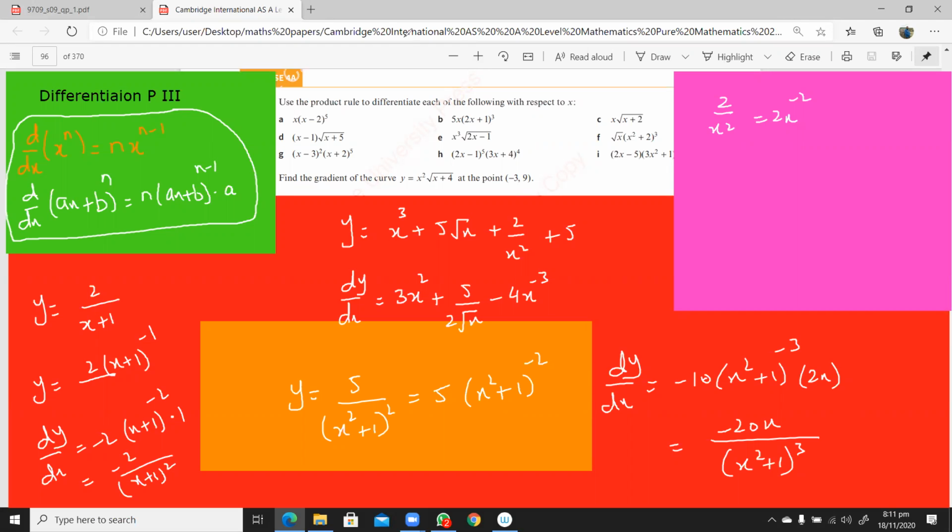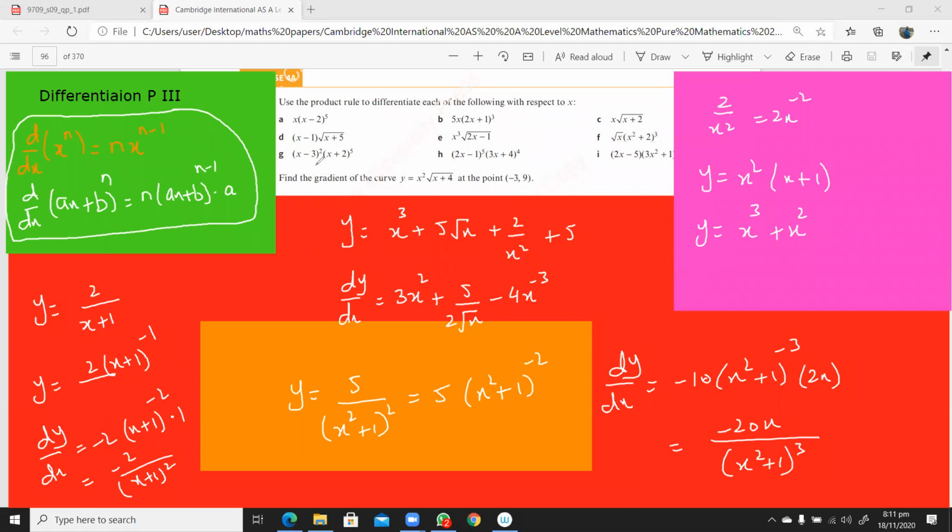Now, these are products that we do not like to expand, or we don't have the skills to expand such expressions. Normally, suppose you have y is equal to x square into x plus 1. Yes, we know that before we differentiate this, we can write it as x cube plus x square, and then differentiate it.